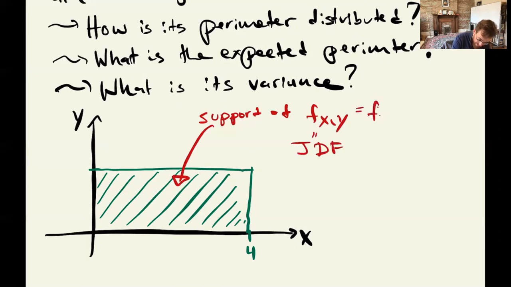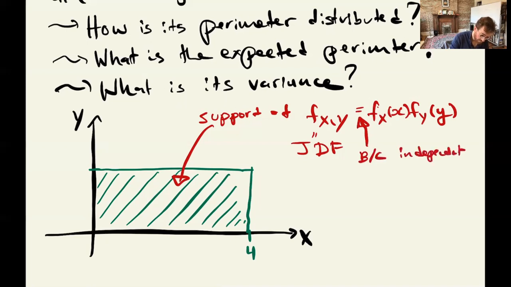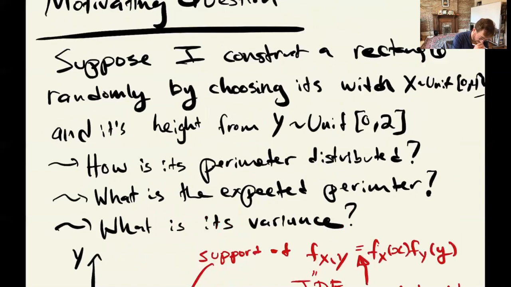Now, in this case, it ends up equaling the product of the density functions for x and y because they're independent. And maybe just to emphasize that up here, I'm just going to go ahead and say this is done independently.